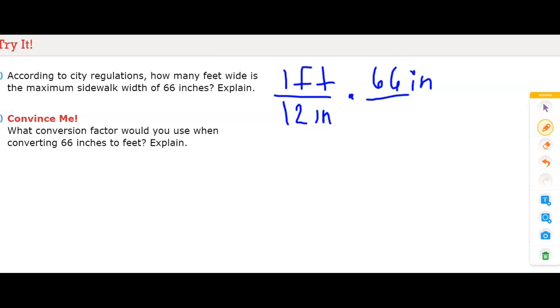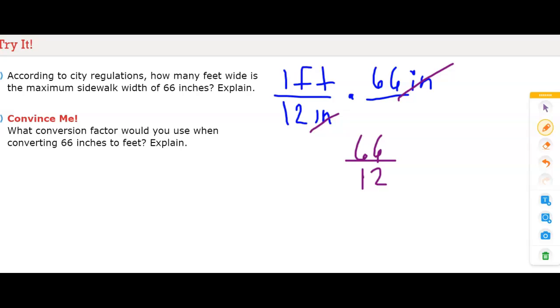Now we're going to divide out the inches so that we're left with 66, because 66 times 1 is 66, and then we're left with 12.